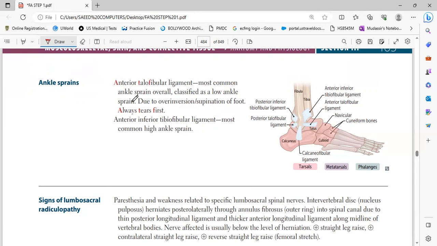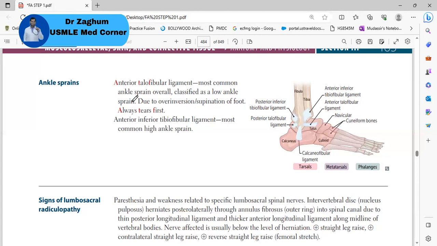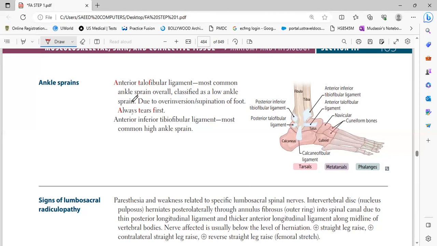Due to over-inversion and supination of the foot, it always tears first. So these MCQs have been asked in UWorld. The most common ankle sprain presents with just pain in the ankle, and the X-ray is normal. So that is a sprain. The ligament is the anterior talofibular ligament.